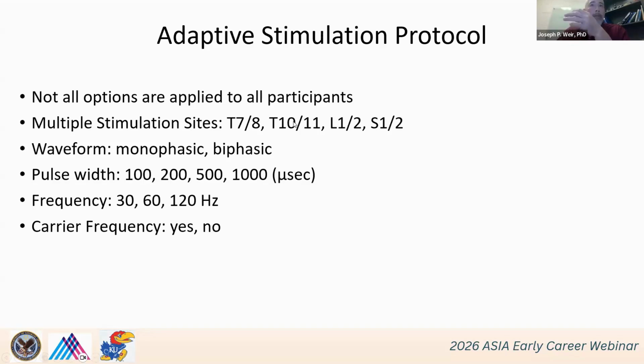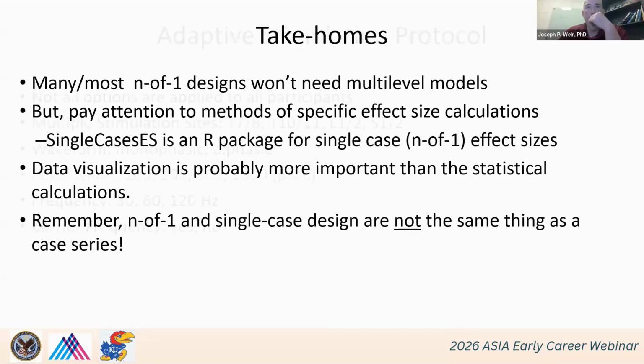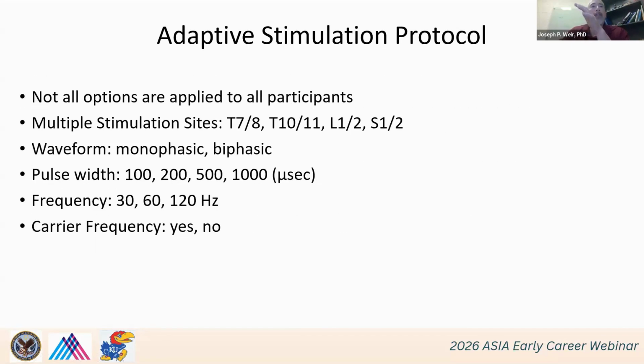If you look at the possible combinations here, that starts to be a big number, with different pulse width settings and different frequencies of stimulation. And we're going to talk about carrier frequency, but different types of waveforms, whether the carrier frequency was present or not. So that adds all this level of complexity.